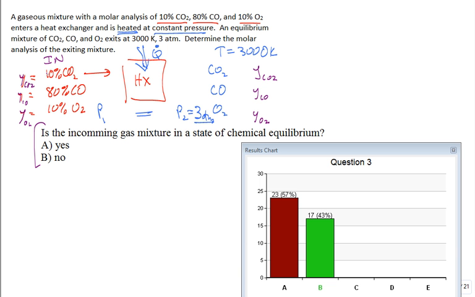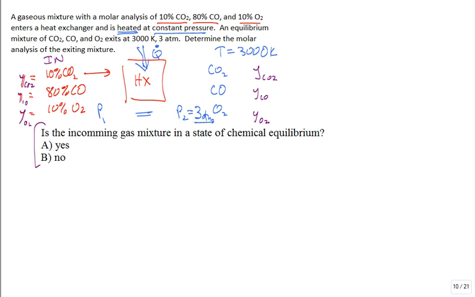Okay. Prove it, Professor. Prove it, or show me why. What's the logic behind that? Okay, first of all, we have to know a dissociation equation. We've written it on the previous slide. I'll rewrite it here. CO2 dissociates to CO and 1/2 O2. True? All right.